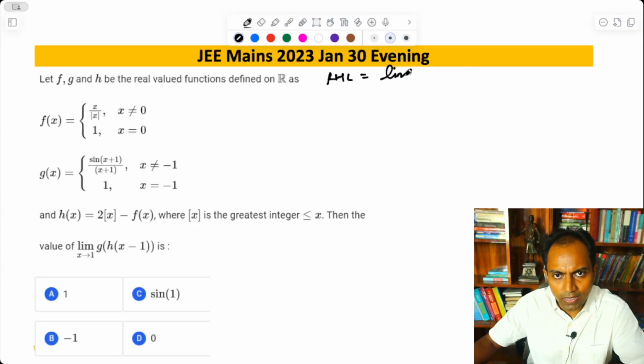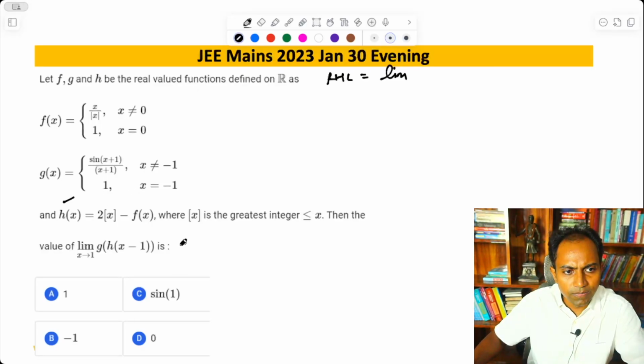So I can write it as limit h. Usually we used to write h, but there is an h given in the question. So in order to avoid confusion, you can do two things: simplify this question and then use h, or use some other variable to avoid the confusion. So I am replacing this h here. This will become 2 times GIF of x minus 1 minus f of x minus 1.